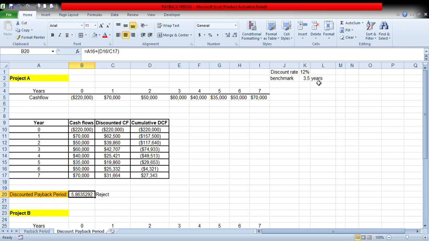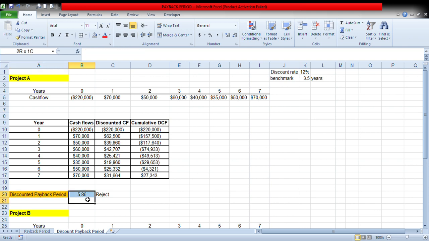Because it's way more than the benchmark. Just convert this into numbers: 5.86, so you reject. Understand? It's very easy to know the values and how you can get them. It's very simple.